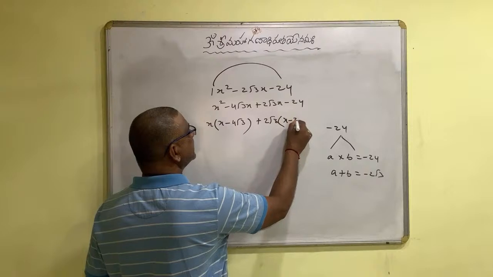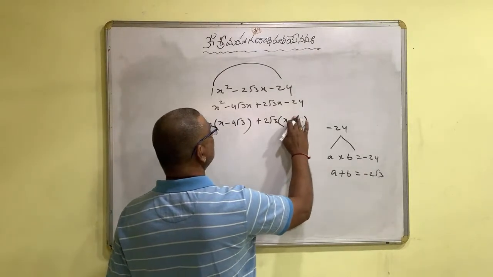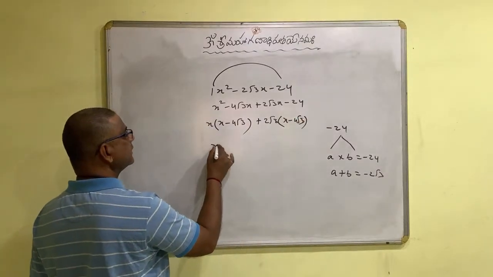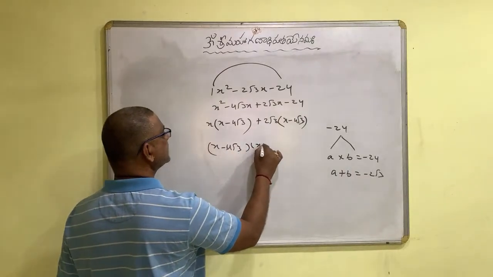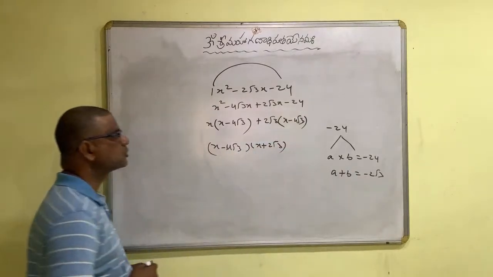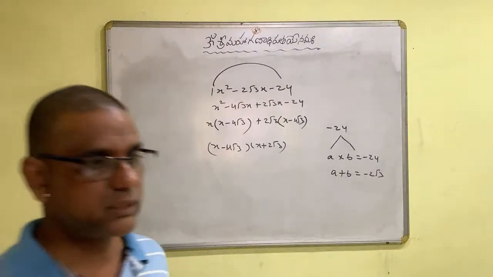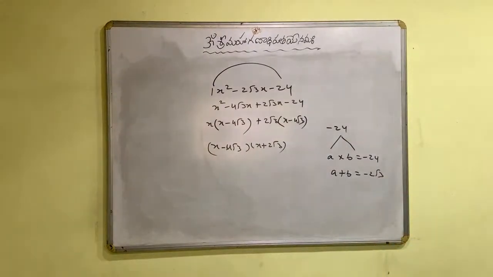Remaining is x minus 4 root 3. So x minus 4 root 3 into x plus 2 root 3. Note it down, children.